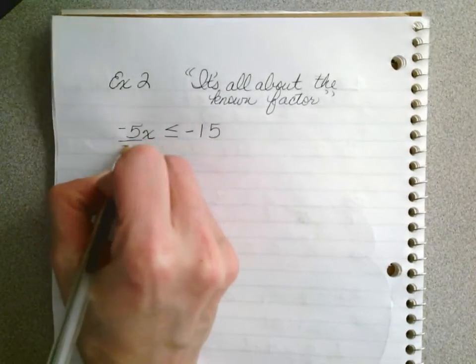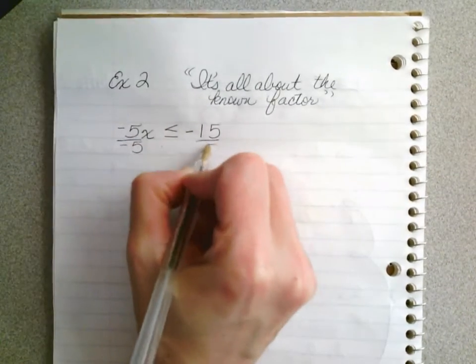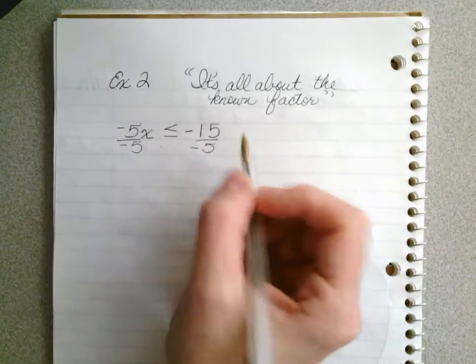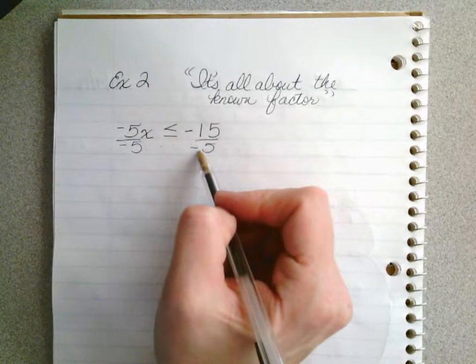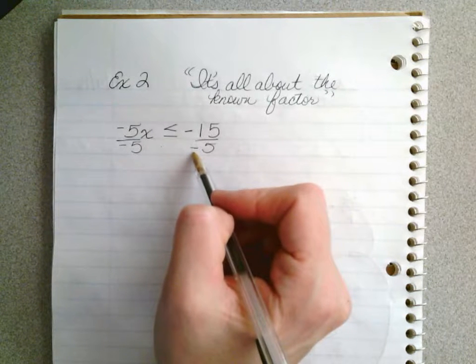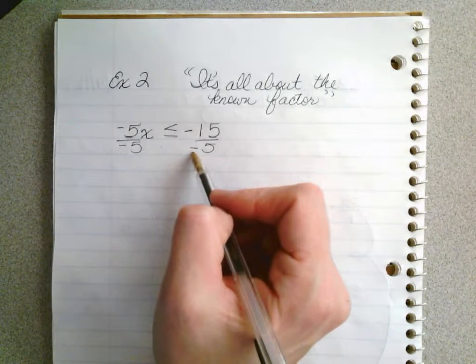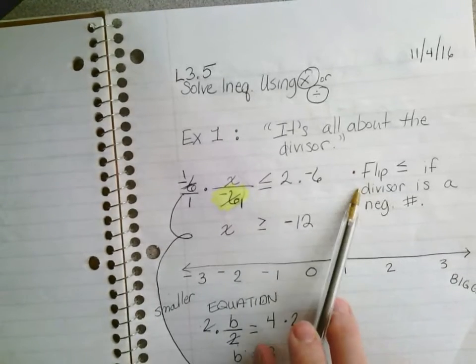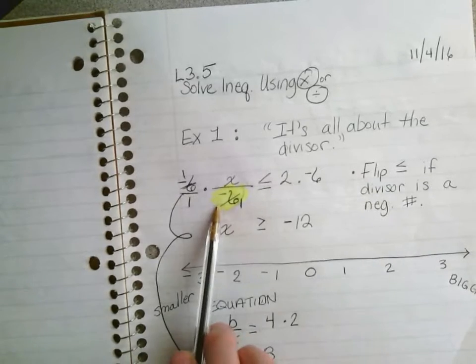Divide by the one we know. And we're dividing by a negative. Dividing by a negative requires us to flip the inequality, just like we did here. We flipped if the divisor is a negative, which we showed here.